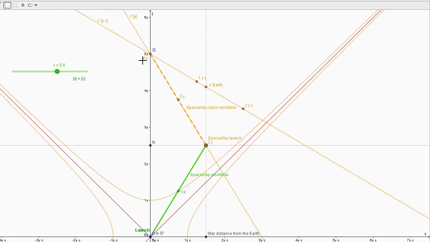There are no gaps or similar oddities. Simply we should correctly use the oblique coordinates. We see that the return journey takes 2 years.